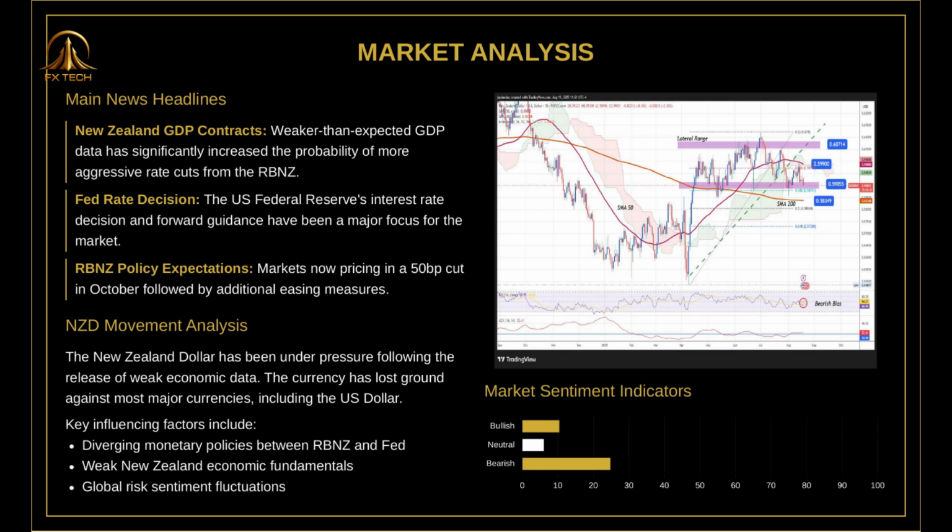As a commodity currency, the New Zealand dollar is also sensitive to changes in global trade conditions and commodity prices. Our market sentiment indicators show a decidedly bearish tilt, with 60% of market participants holding a negative outlook on the NZD/USD pair, while only 25% maintain a bullish stance. This sentiment distribution reflects the challenging economic backdrop for the New Zealand dollar.